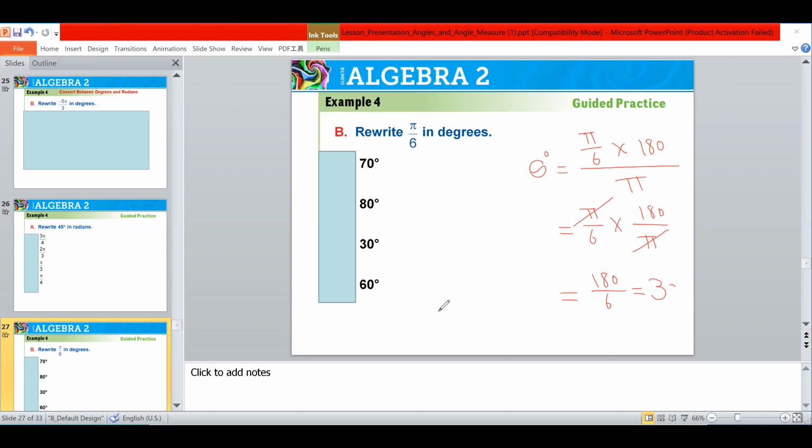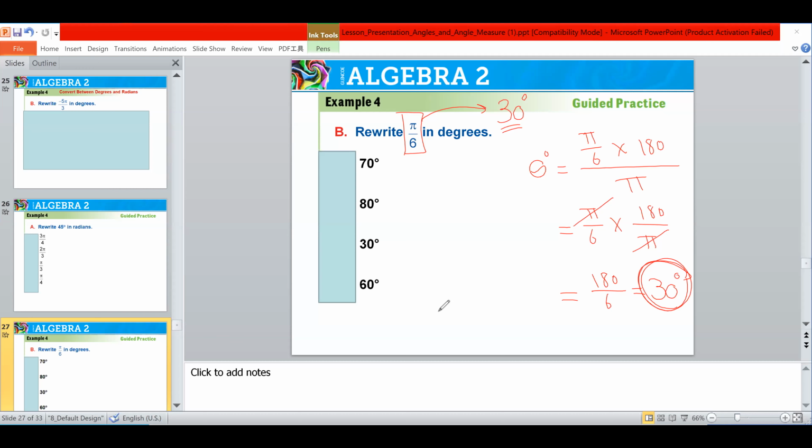So if you need to change pi over 6 from the radian measure to the degree measure, it will be 30 degrees. Fahd, we have two types now of measure: degrees and radian.